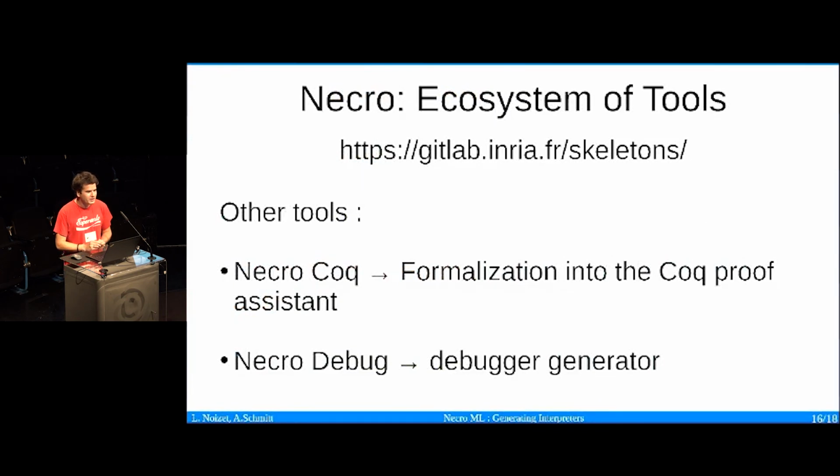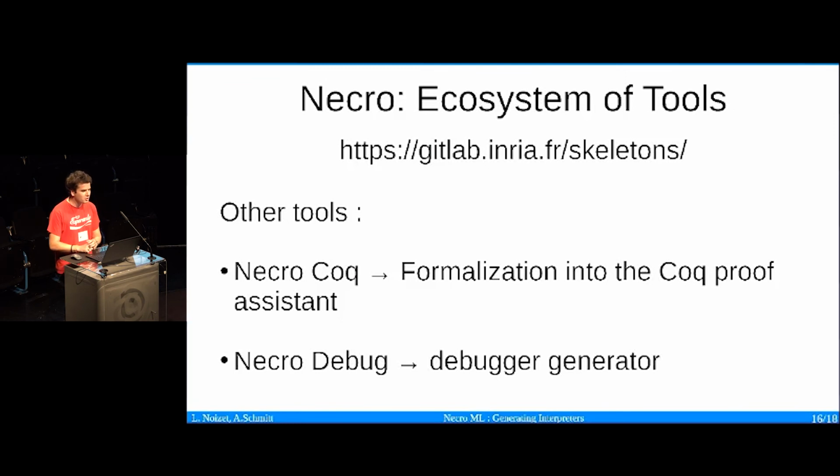If you want to find out more about Necro, the development is available on GitLab, at gitlab.inria.fr/skeletons. There are some other tools. There is NecroCoq, which, as I said, allows generating Coq formalization for skeletal semantics.